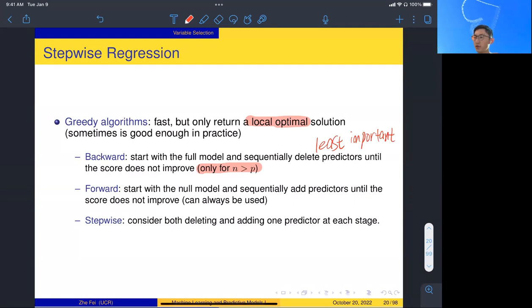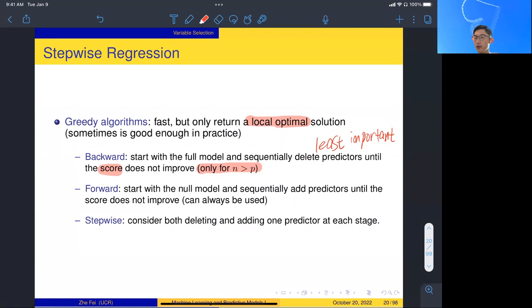And this score is essentially the criteria we saw earlier. We see that this backward procedure is performed locally or sequentially at each step. Because it starts with a full model, backward selection only applies when you have a larger sample size than the number of parameters.